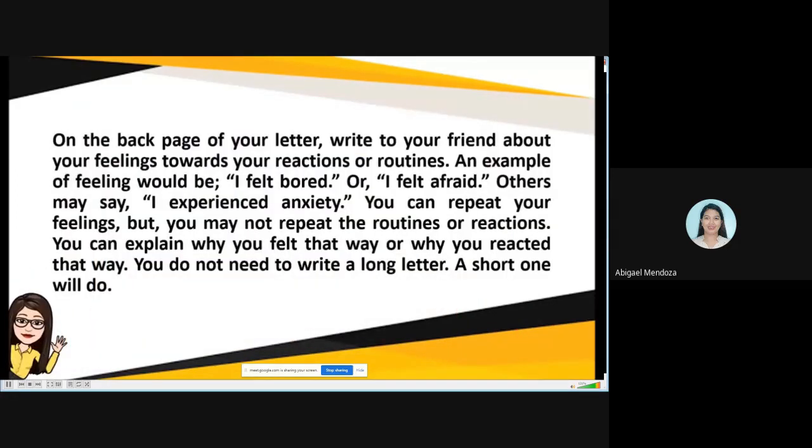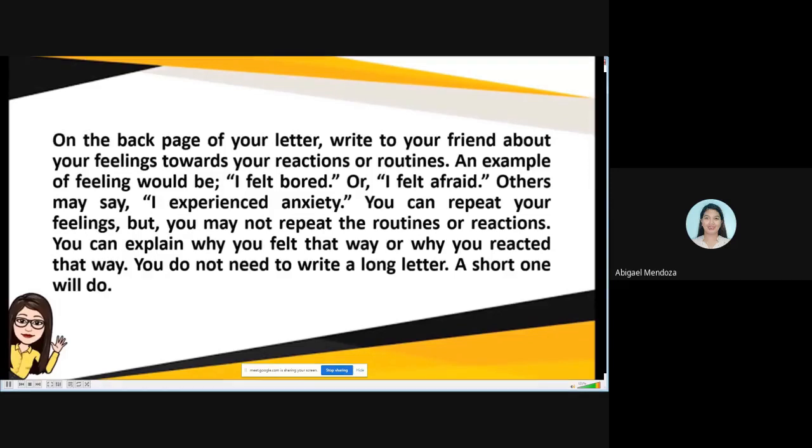On the back page of your letter, write to your friend about your feelings toward your reactions or routines. An example of feelings would be, I felt bored or I felt afraid. Others may say, I experienced anxiety. You can repeat your feelings, but you may not repeat the routines or reactions.